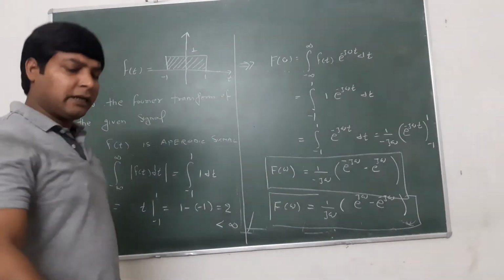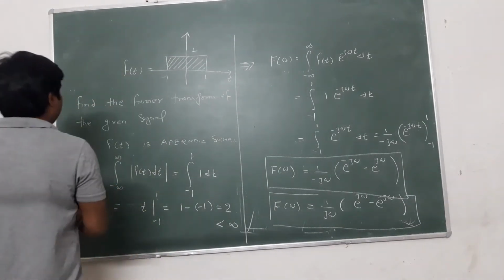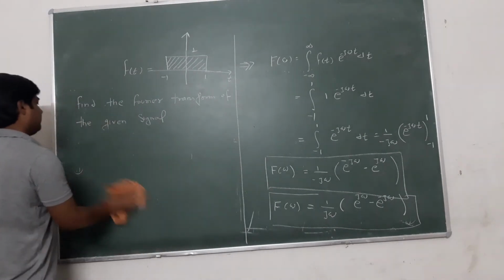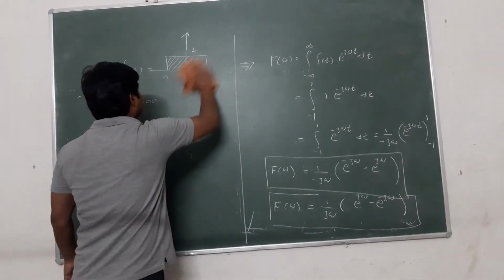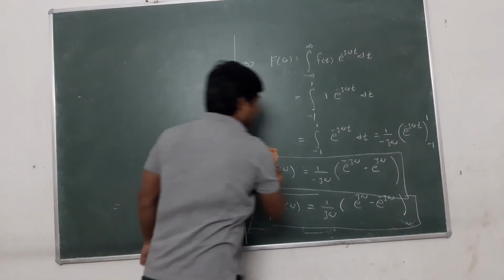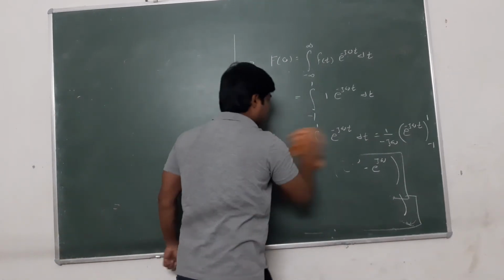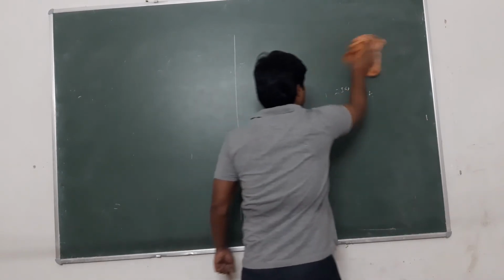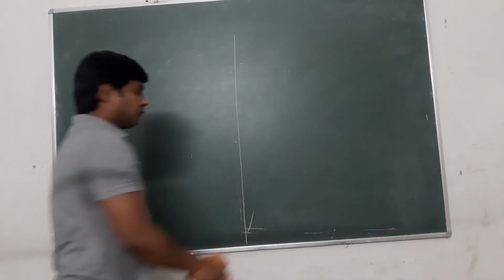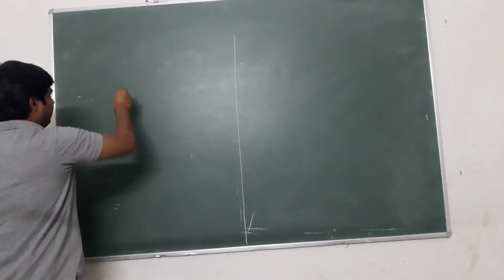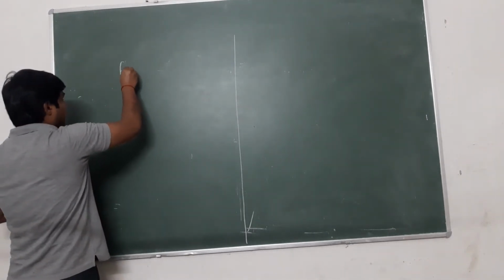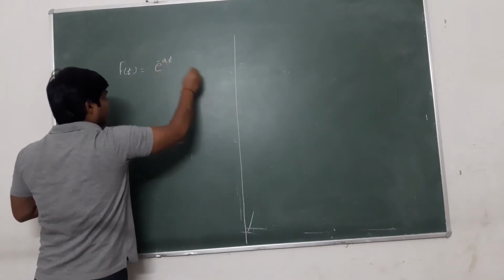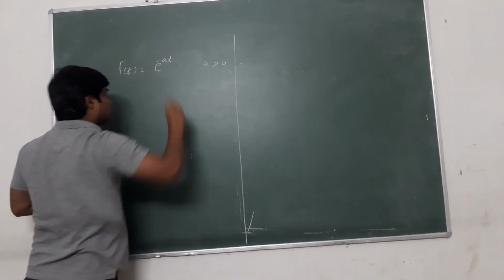Now we will check another signal and see how to find the Fourier transform of e to the power minus at. Suppose that the given signal is f(t) equals e to the power minus at, where a is greater than 0.